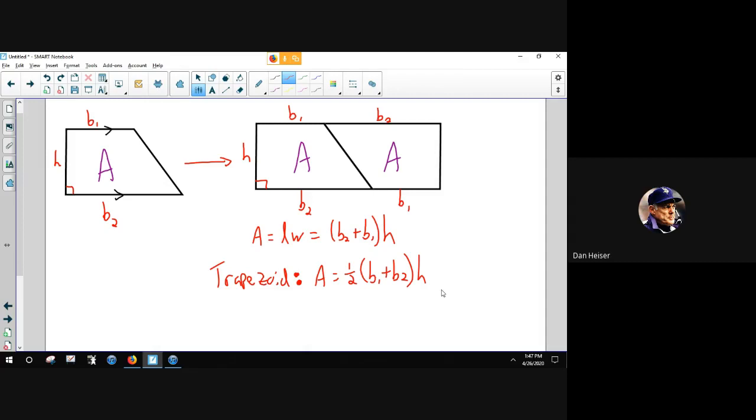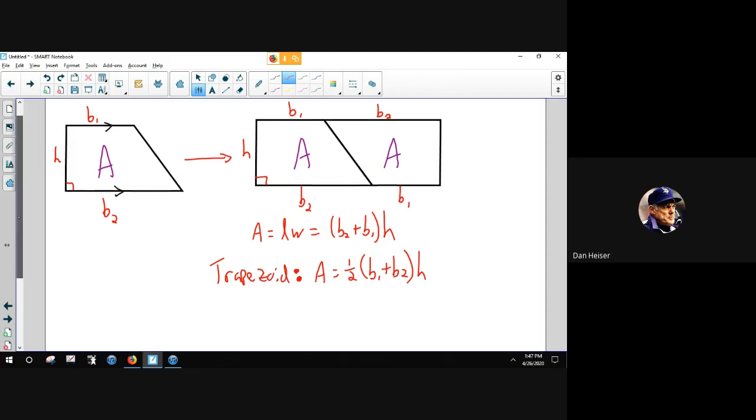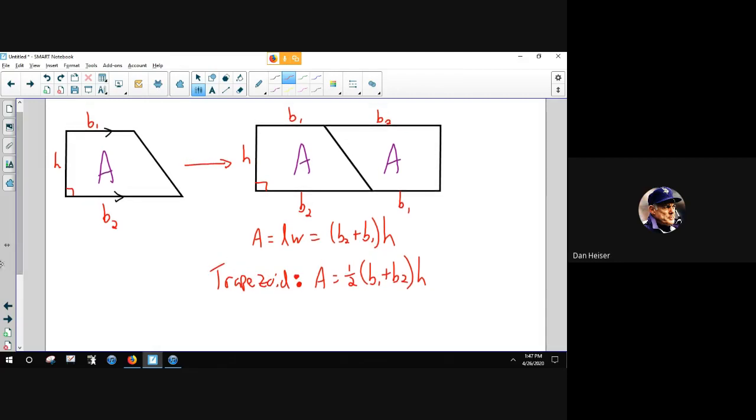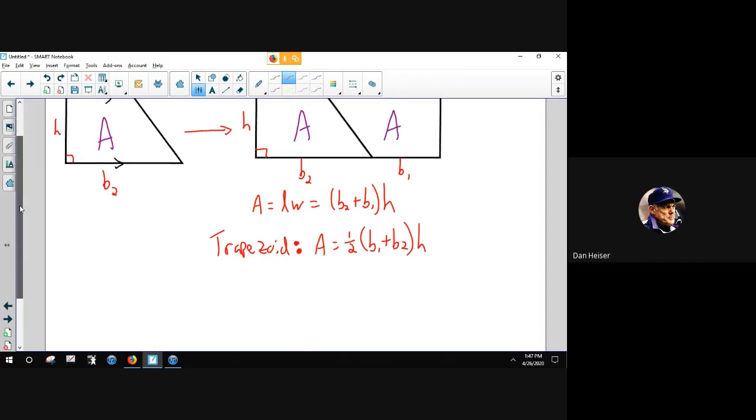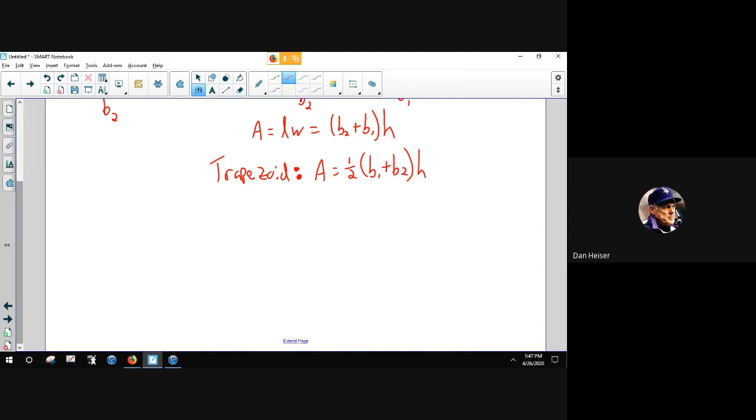So that is where the formula for area of a trapezoid comes from. Now, what happens if this trapezoid does not have a right angle like ours did? Well, we get the same thing essentially. So let me create a trapezoid without a right angle. That's not a good trapezoid.